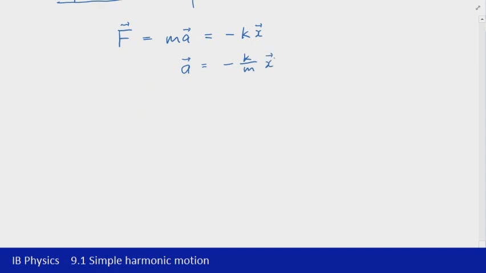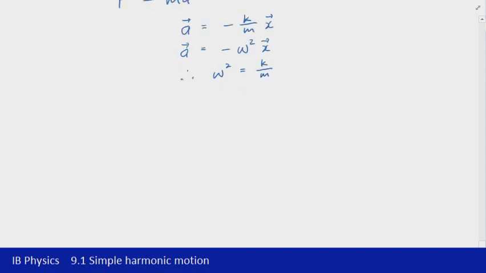We end up with that equation. And again, you can see here that we've got the negative, we've got some constant term, and then we've got the displacement with the acceleration on the left-hand side. So again, the acceleration is negative omega squared x. So in this case, omega squared is equal to k over m.